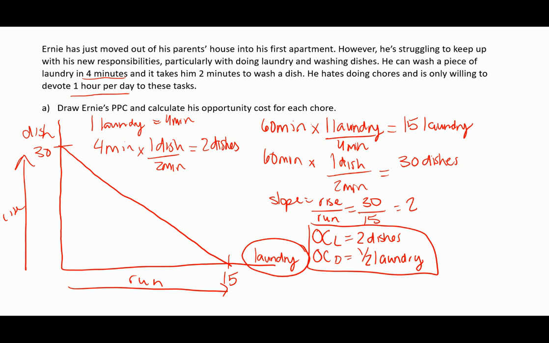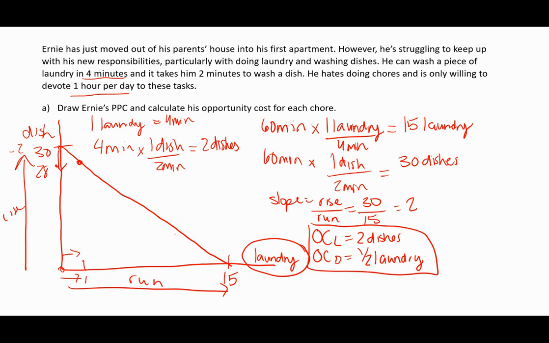Okay? We can see this graphically. So if we want one piece of laundry, going from 0 pieces of laundry to 1 piece of laundry, that means that we need to sacrifice 2 dishes. So we can only have 28. Okay? So we're losing 2 every time we want an additional 1 piece of laundry.